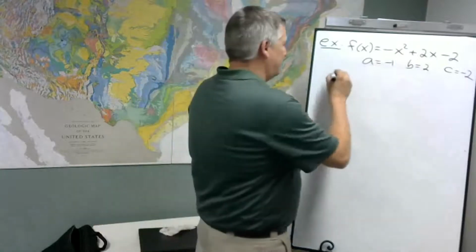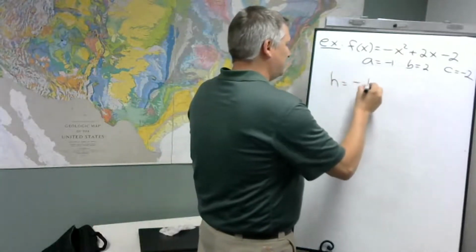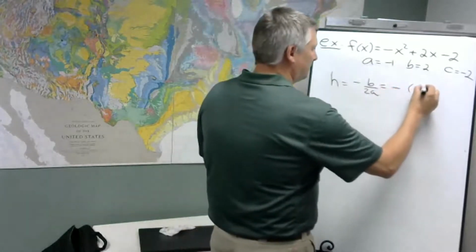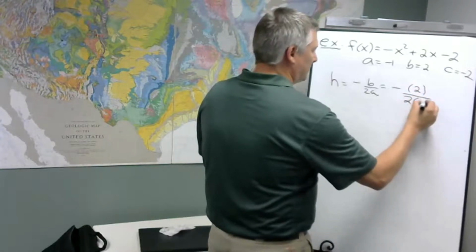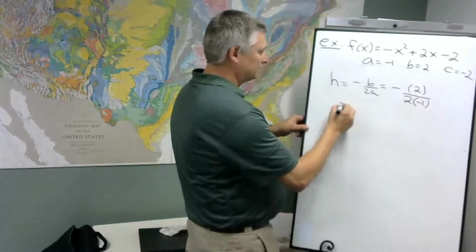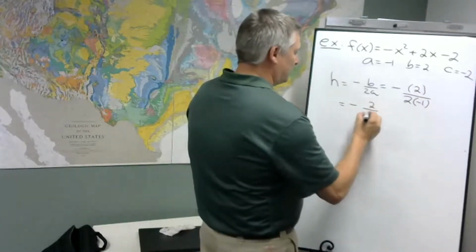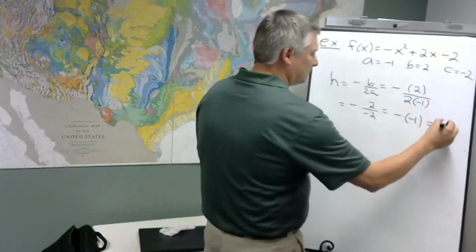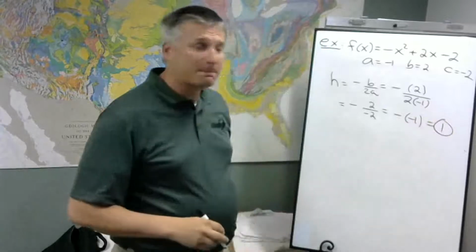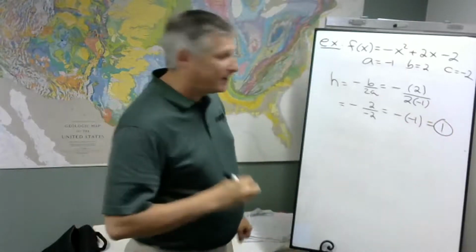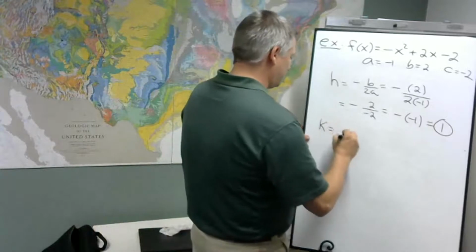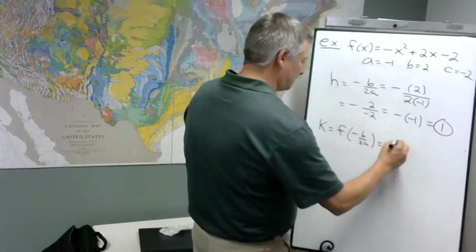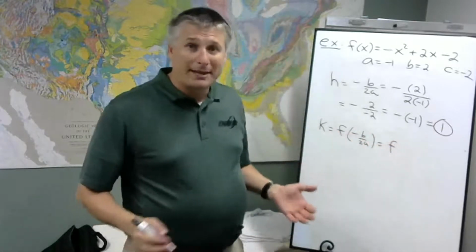So once we've done that, h is negative b over 2a, or negative 2 over 2 times negative 1, or minus 2 over negative 2, or minus negative 1, or just positive 1. Now for k. That's f of negative b over 2a. But we found out what negative b over 2a is.